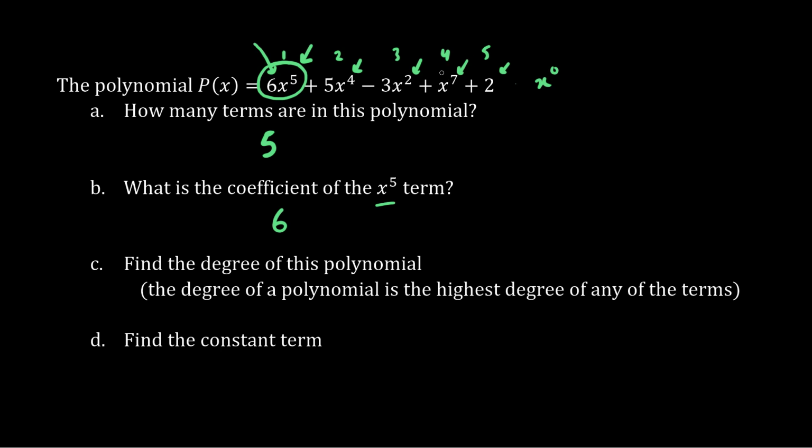So the highest degree is 7. It's this one right here. When you write out a polynomial, it might be a good idea to rewrite it with the highest degree first, in decreasing order. Now finally, the constant term is 2.